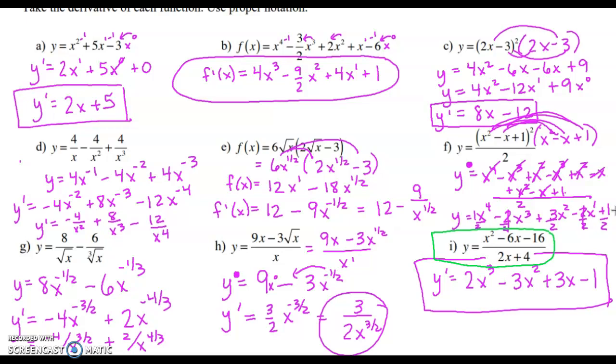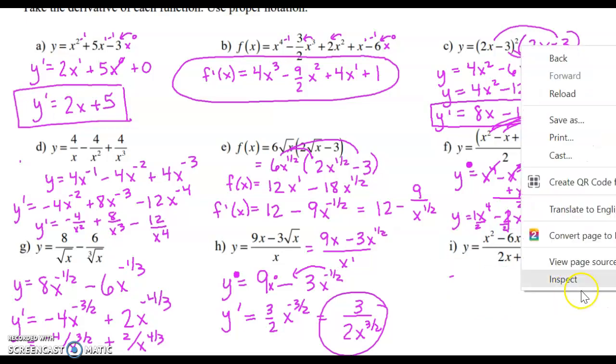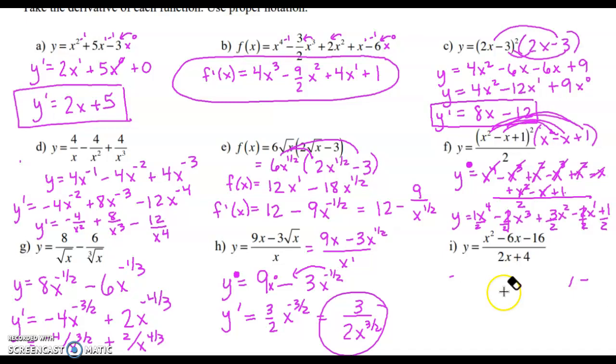So in the numerator, we need the factors would be x and x, 8 and 2, minus and plus, and we have a common factor. We can divide out a 2. So this reduces. So I'm really left with x over 2, which is 1/2 x, and then negative 8 over 2.